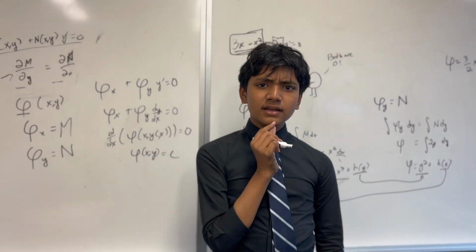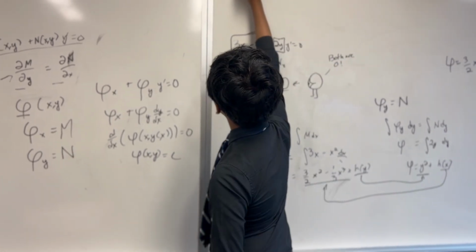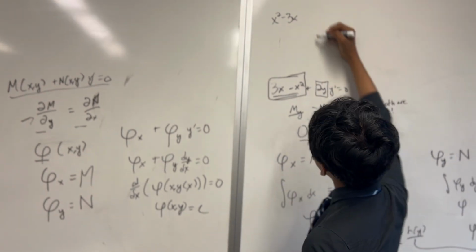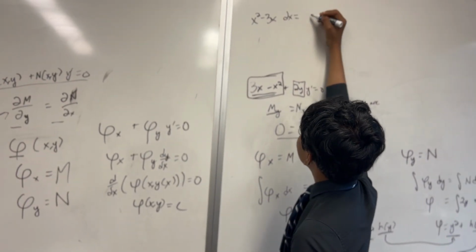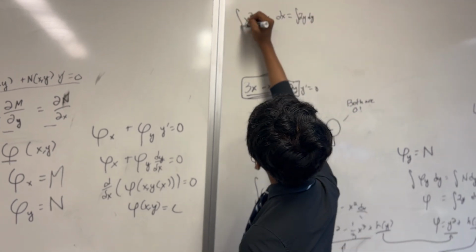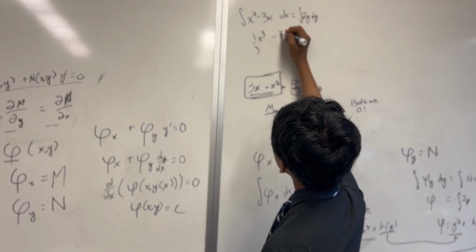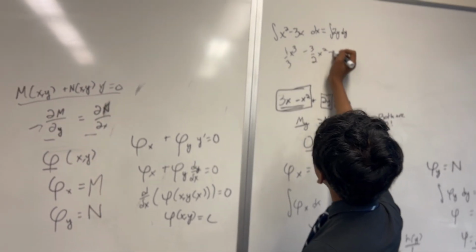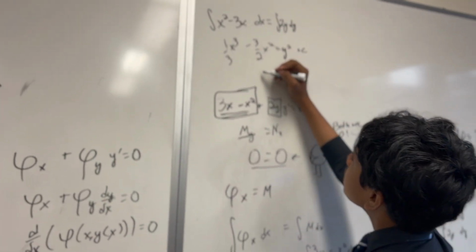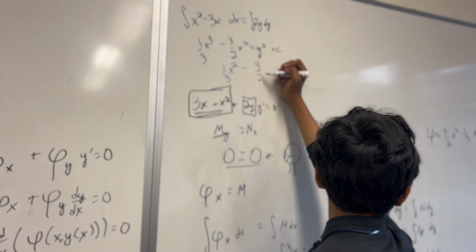Wait a second, this is separable, which is much easier as it only takes like 2 steps. So you get (3x - x^2) dx = -2y dy, turn this into the differential form. Integrating on both sides, all we get is 1/3 x^3 - 3/2 x^2 is equal to y^2 + c. So we got basically the exact same thing with much less effort.